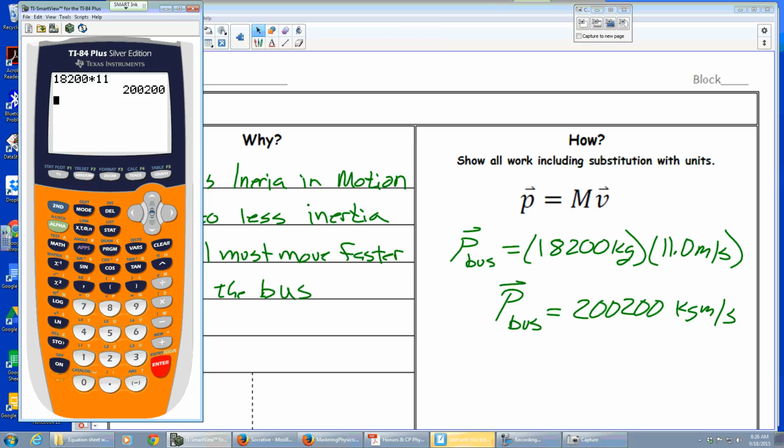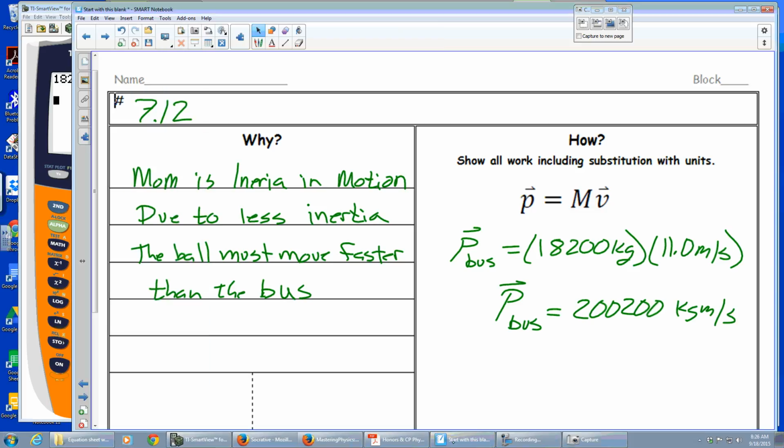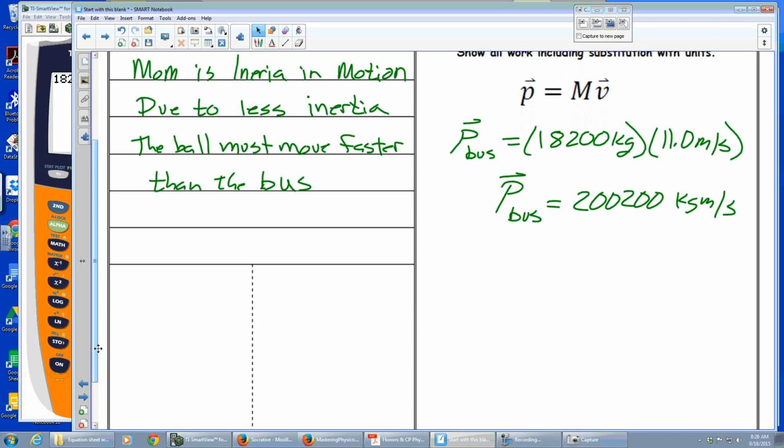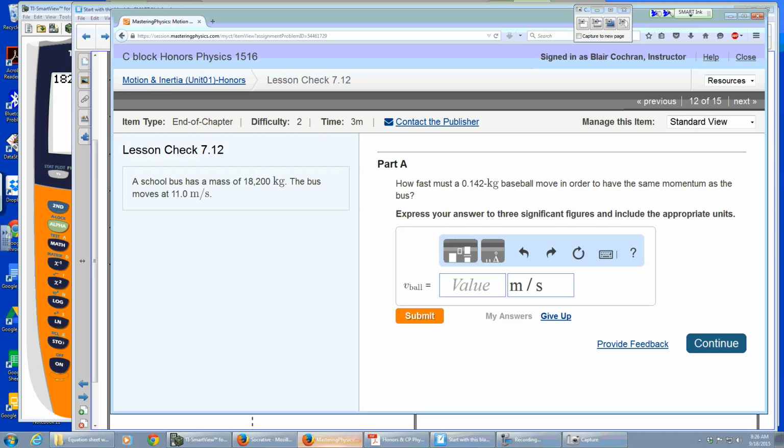Remember, guys, if I lose you at any point, say something and we'll back up. And now I'm going to look at the ball. The momentum of the ball is 200,200, and its inertia is 0.142 kilograms.